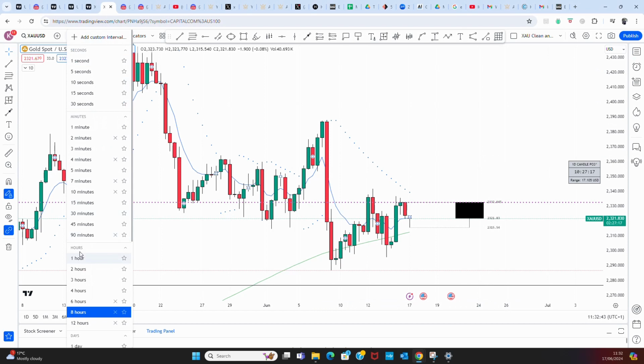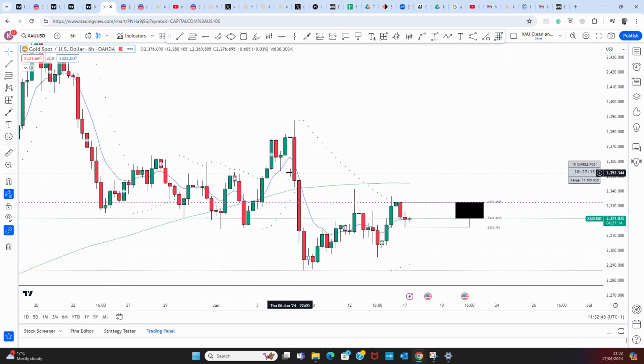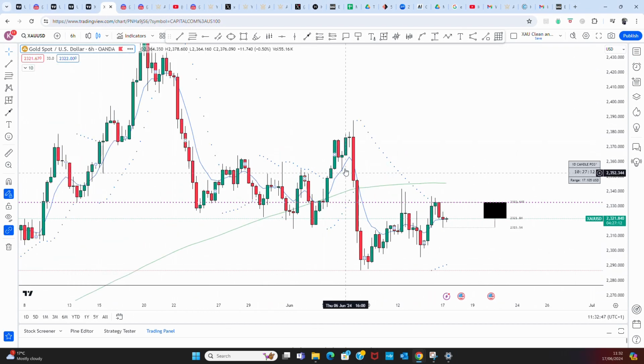Let's go into a smaller time frame, 6 hour. Not too interested. High, low, high, high, low, low. Potential high, low, high, high. Potential again, 2063. I'm not going to look at that. I'm looking at 2057.